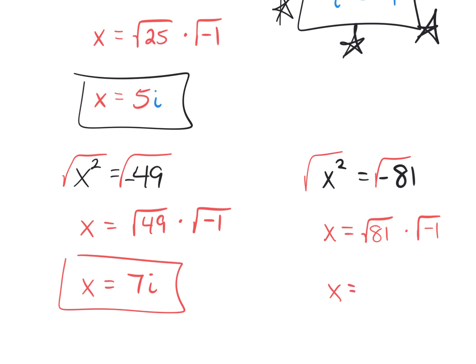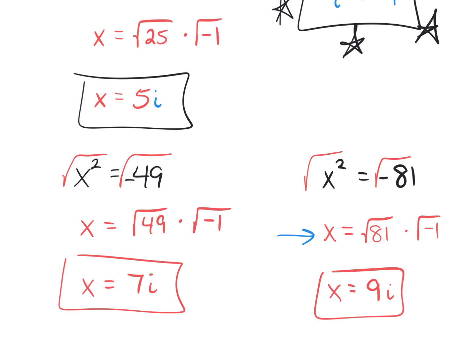What's the square root of 81? 9. What's the square root of negative 1? i. When you get more comfortable, you won't have to do this step. But for now, I want us to practice this step so we're getting an understanding.